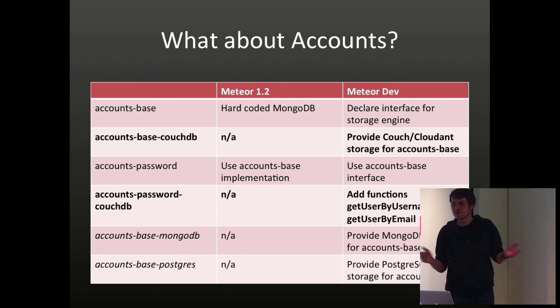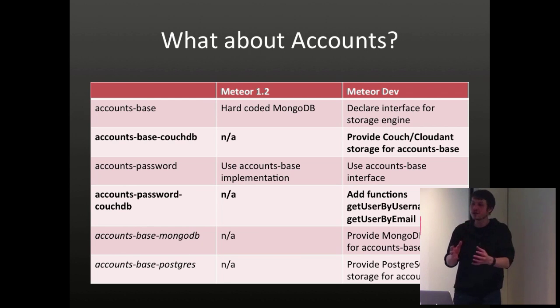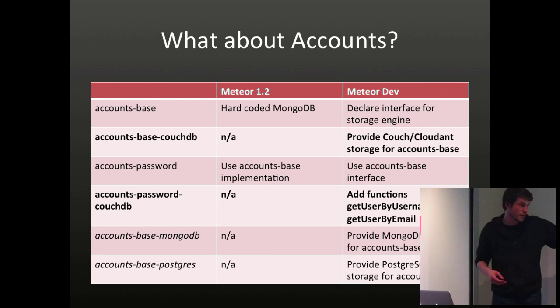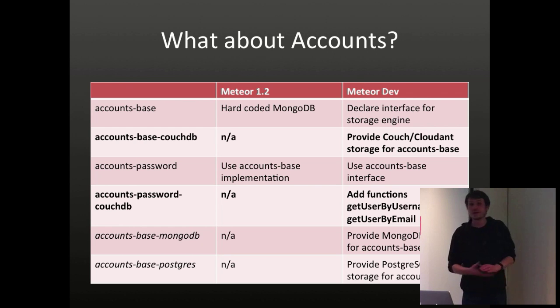It's not 100% stable, but that's also because Meteor hasn't released those new packages. They're still in development state, and what you have to do is import those custom packages, not just via Atmosphere, but you have to actually put the code into a packages subfolder in your app. What I expect in the future is additional packages coming from Meteor directly: accounts-base-mongodb, which is going to be the standard package, and accounts-base-postgres, which they're working on.